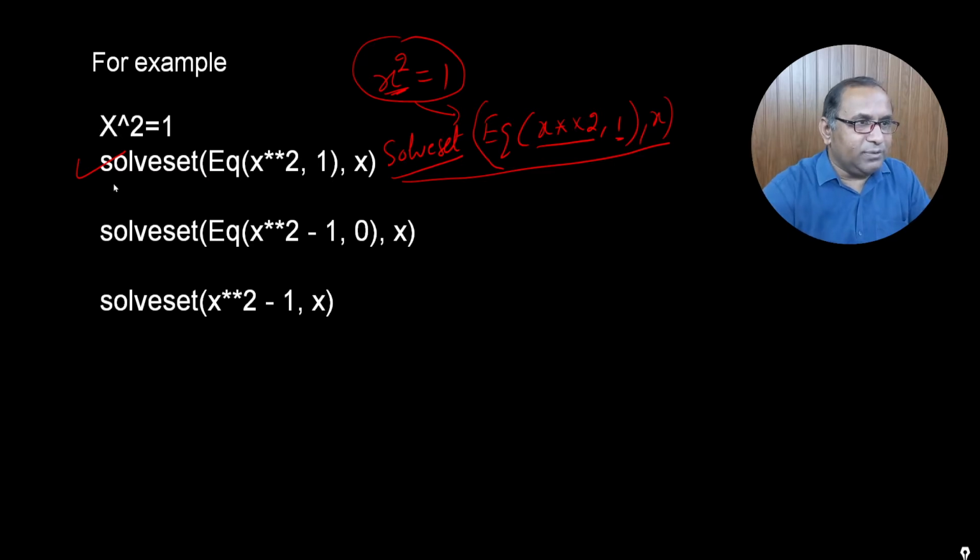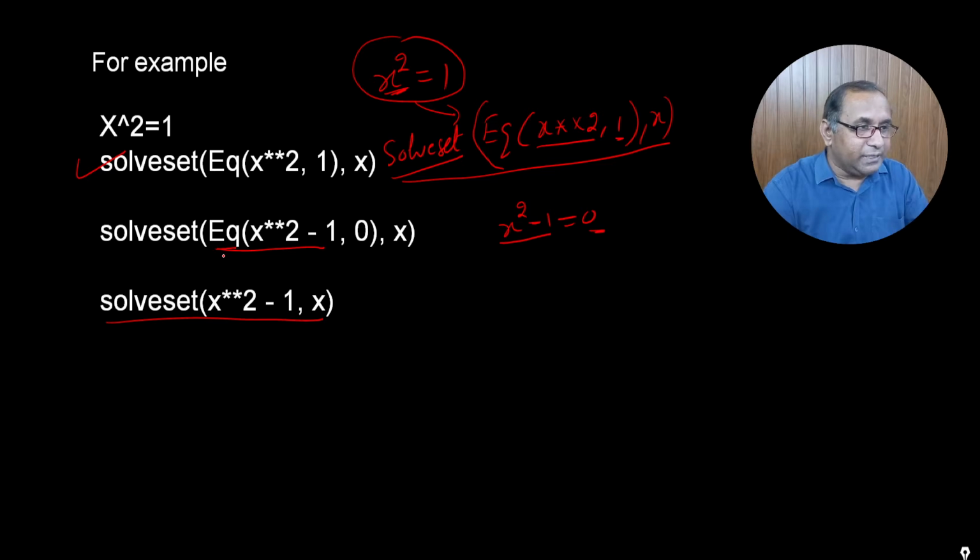Similarly, this is another way to solve the same equation, where here is the expression, and the above equation can be written as x square minus 1 is equal to 0. So this is the left hand side and this is the right hand side. And this is another way to solve the same equation, but here we are not using Eq.